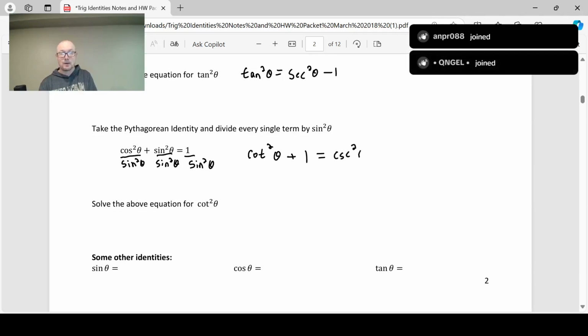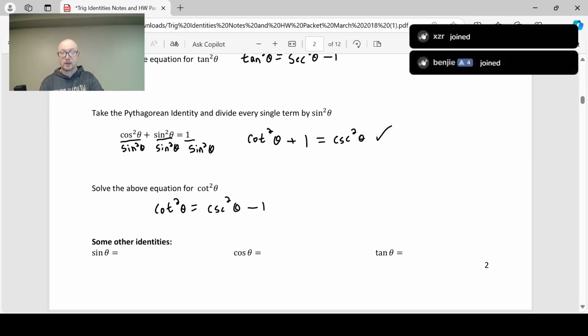So again, we have another identity that we can use, and then we can manipulate this if we need to replace the cotangent squared. So cotangent squared theta is equal to cosecant squared theta minus 1.